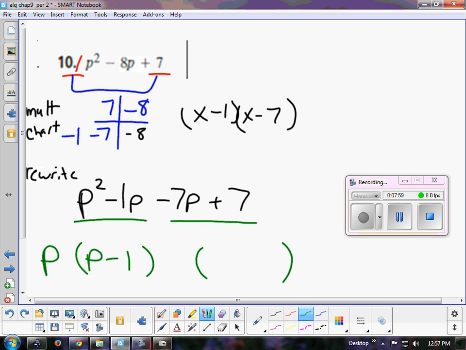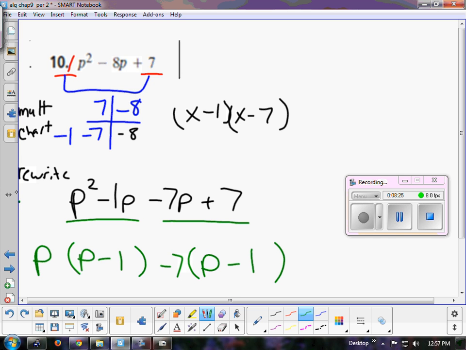Yes, a 7, but we're going to do -7. -7 is better. So this leaves a p, and 7 divided by -7 is what? -1.